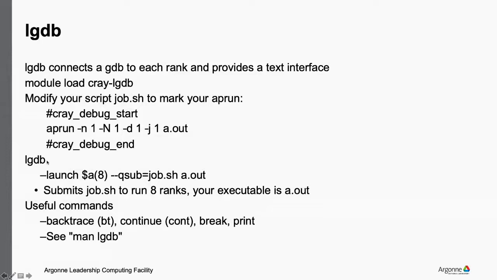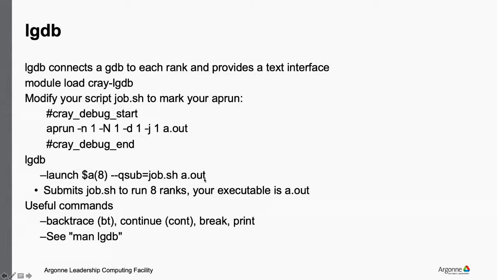you invoke lgdb and then you type launch, and then suppose this is 8 ranks, $A8 q sub equals job.sh and the name of your executable.